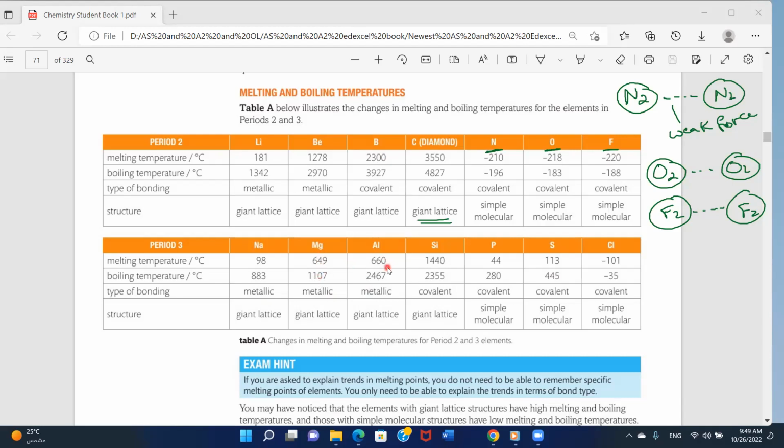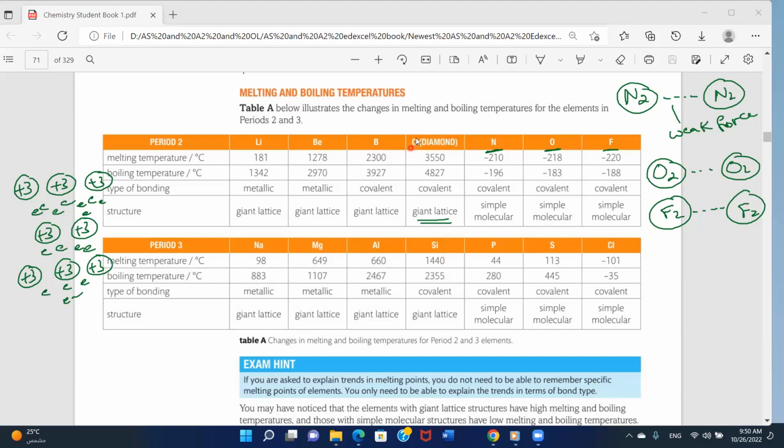In case of aluminium, we have a +3 lattice, and each aluminium leaves 3 electrons in between the layers. And so there will be a stronger attraction force between the greater number of electrons and the greater positive charge. And so due to this stronger attraction force between the positive lattice and more number of electrons, we will find that aluminium will have a higher melting temperature than magnesium, and magnesium higher than sodium.